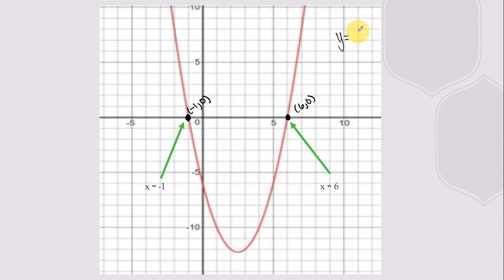So if I know that my equation was y equals x squared minus 5x minus 6, and if I know that my 2 factors breaking that down gave me y equals x minus 6 and x plus 1, if I wanted to find the zeros or the solutions or the roots or the x-intercepts, and I know that the y value should be 0 at that point, where would I plug a 0 in my equation?